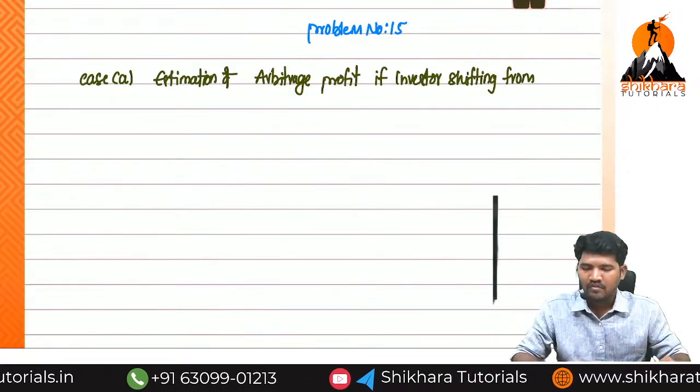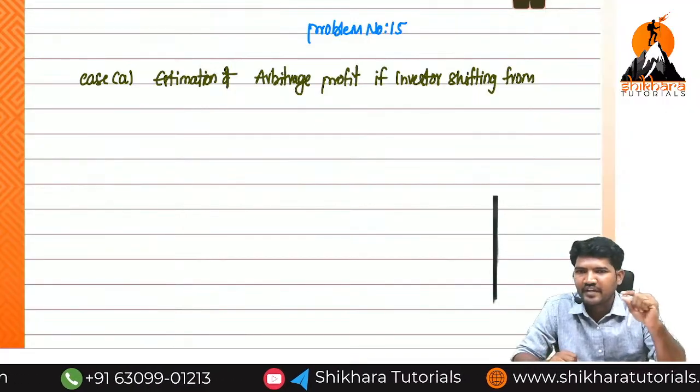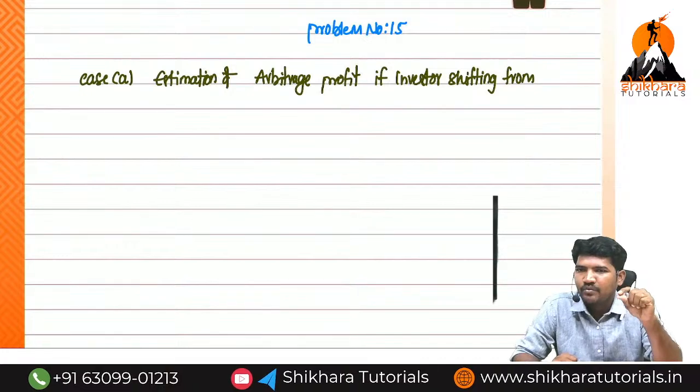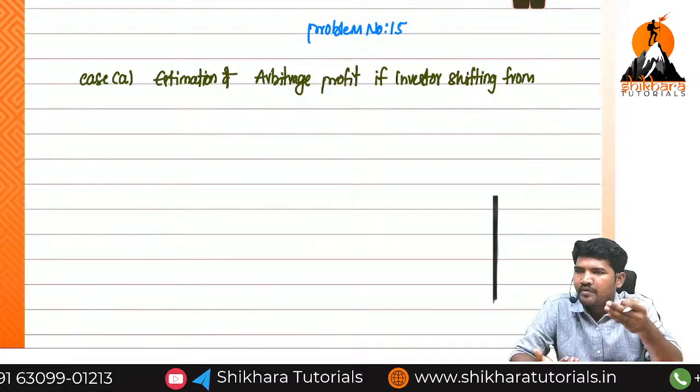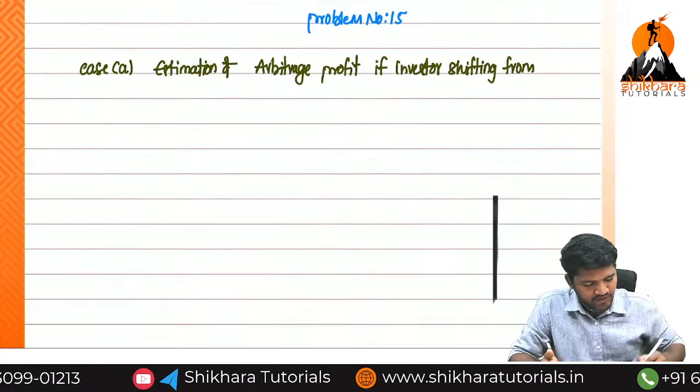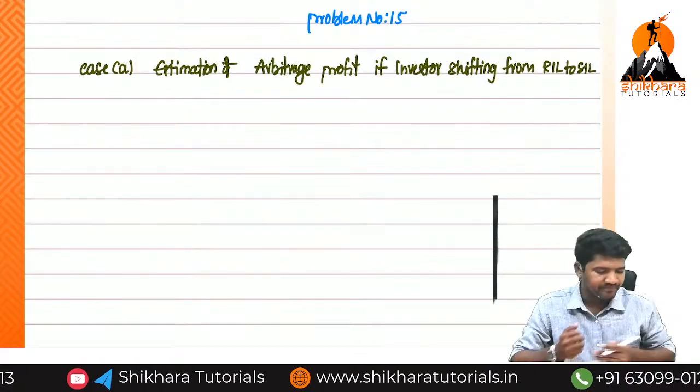Are you clear? In case one, there is no clarity about the shifting, but they're saying it in an indirect way: I have a 10% stake in Drill. It means, by common sense, they're shifting from Drill company to Sill company.